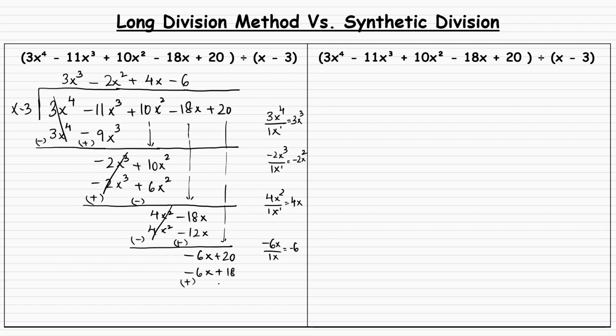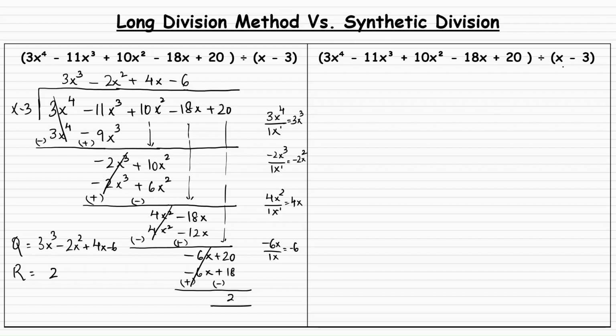Subtract them, change the signs. Cancel. 20 minus 18, 2. So my quotient is 3x cube minus 2x square plus 4x minus 6, and the remainder is 2 in this case. Let's do the same question with synthetic division.